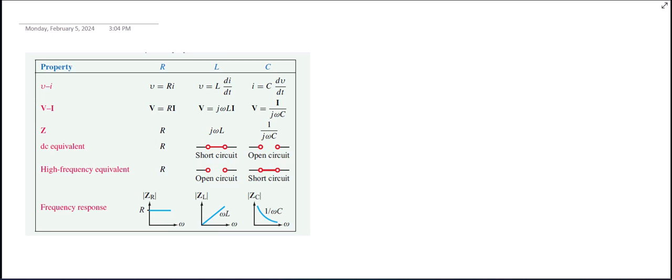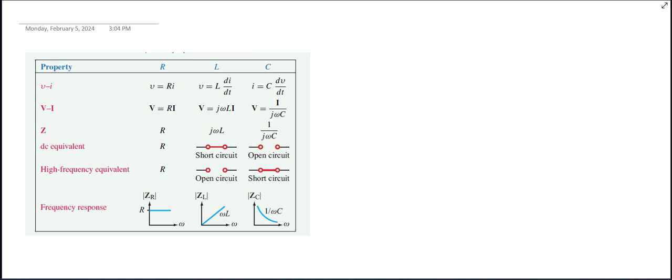And whoever figured this out was really very clever because Euler's identity says that e to the j omega, you can write it in terms of a sine and a cosine. And so we start using these complex numbers, even though the real world is not imaginary, the real world is real. But you take the real part of that, and then the algebra is a lot easier in the complex numbers than it is if you're just using the real numbers.